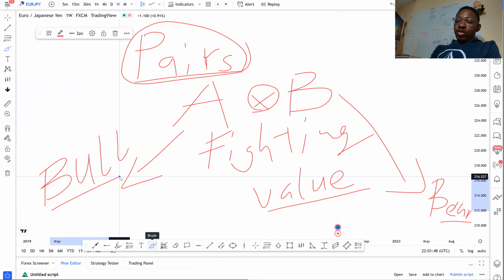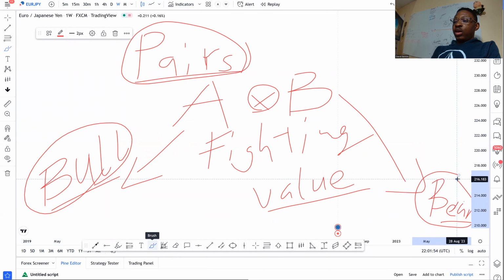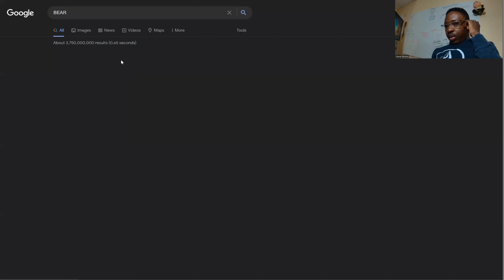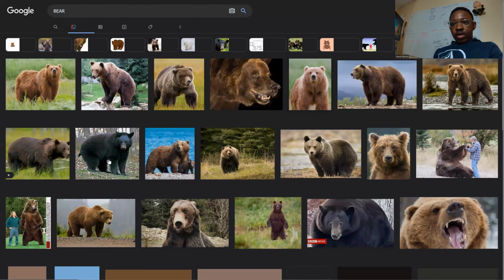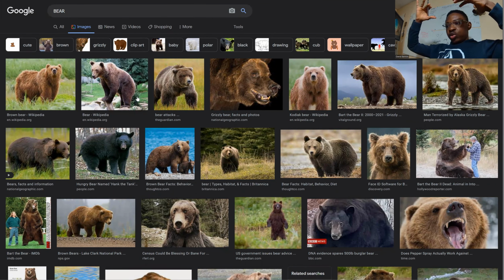The bull is a male cow, and bears, depending on where you are, you might or might not be familiar with. Let me see if I can find a picture of a bear. So that's a bear. Depending on where you live, you might not be familiar with a bear, but that is what a bear is. When a bear is fighting, he uses the arms. The strength is in the arm, so he uses the arm to drag whatever he is fighting to the downside.